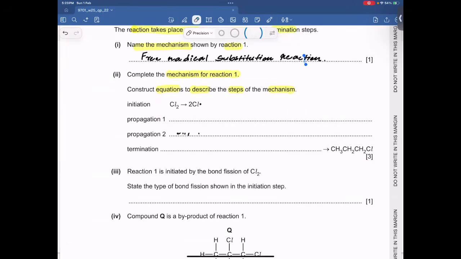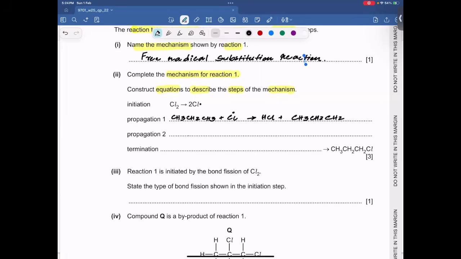My equations are correct, but I have to give the answer in a structural pattern. That is CH3CH2CH3 plus chlorine free radical will turn to HCl, and then I'm going to get propyl free radical like this: CH3CH2CH2 radical. All right.